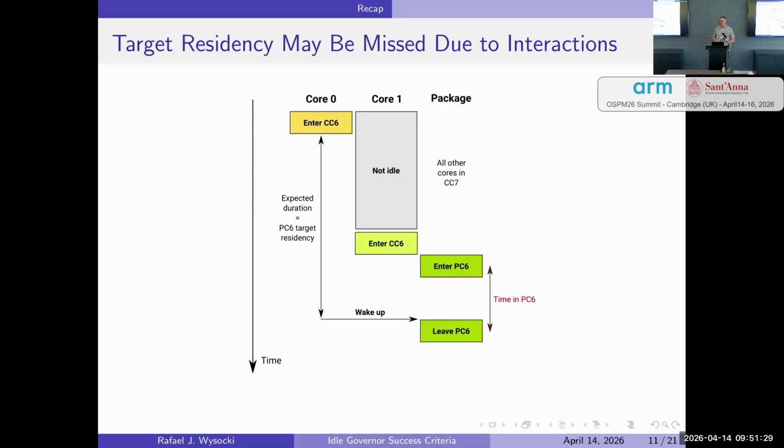For some platforms, at least on ARM, we are using OS initiated, because when the last CPU enters CC6, it can see when the next CPU in the package will wake up and decide to enter the PC6 or an idle one. Even if the first one wanted, there is no way to do that in Intel. You don't know, because all that is decided by firmware.